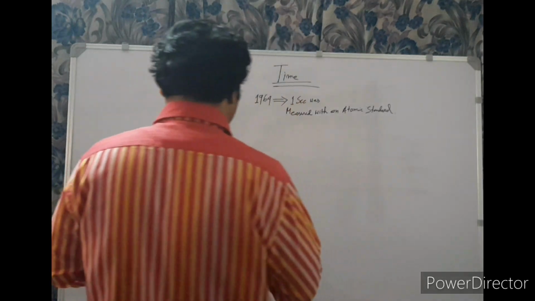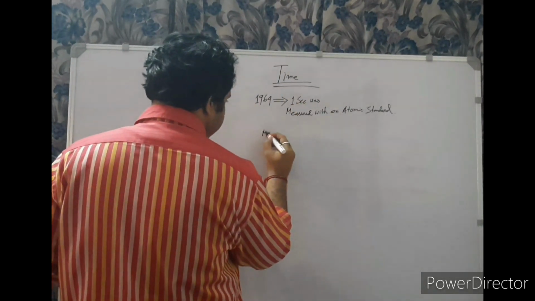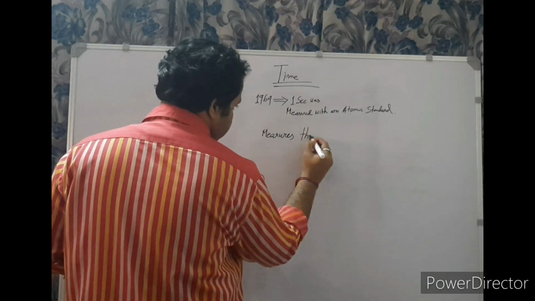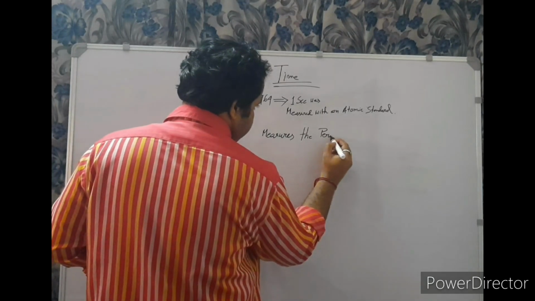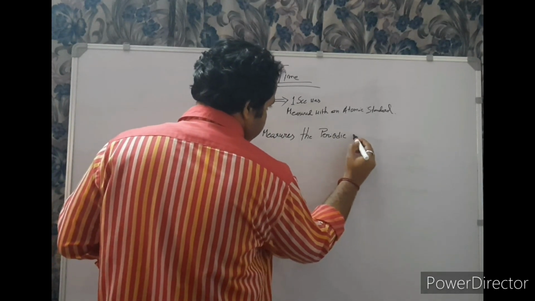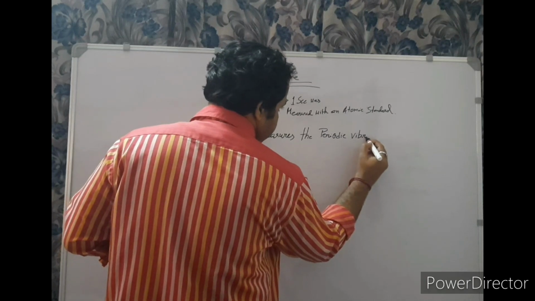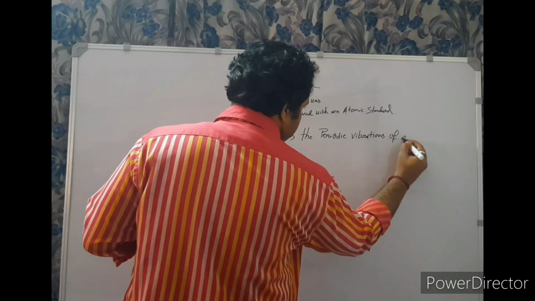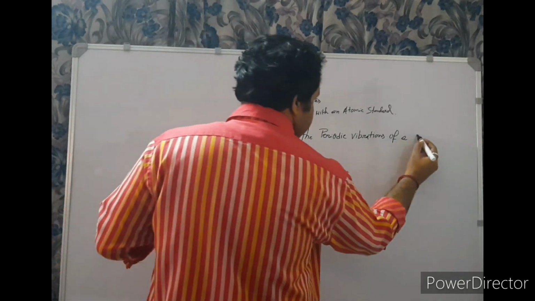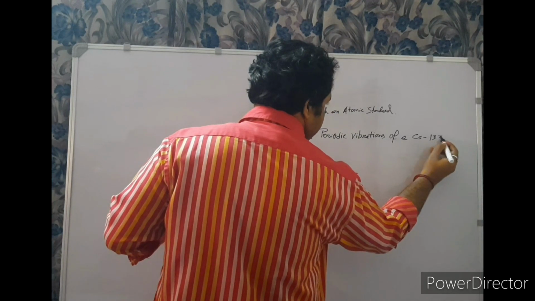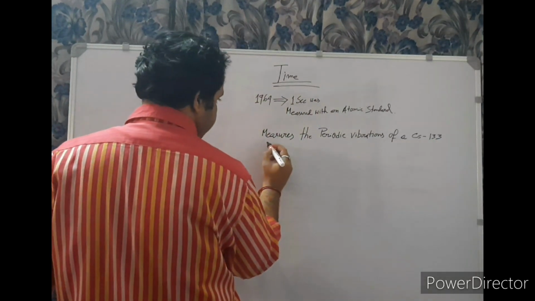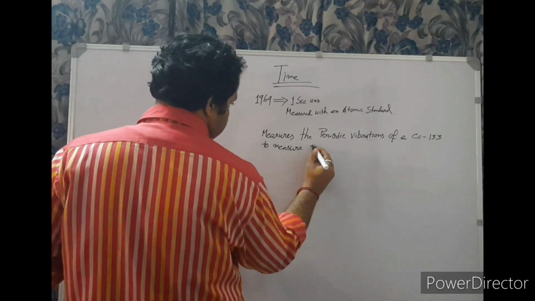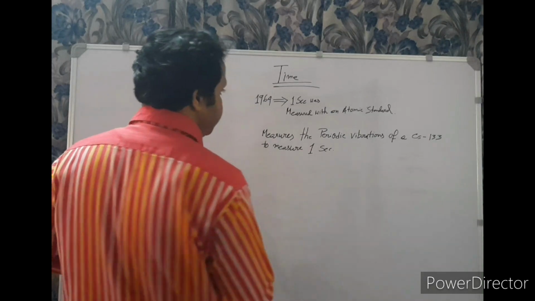That atomic clock measures the periodic vibrations of cesium 133 to measure 1 second.